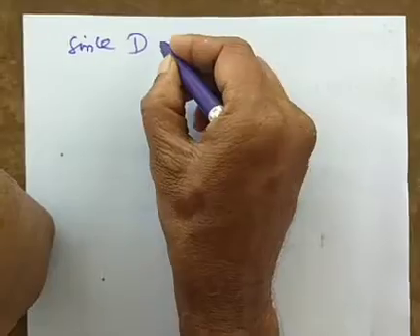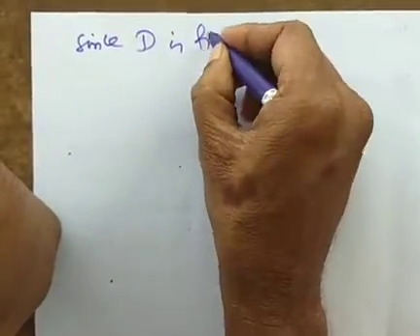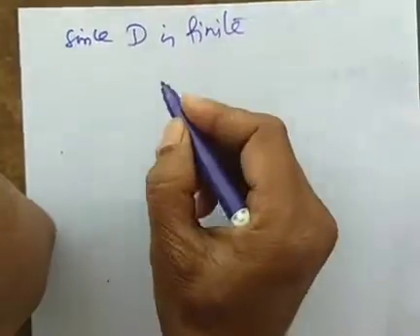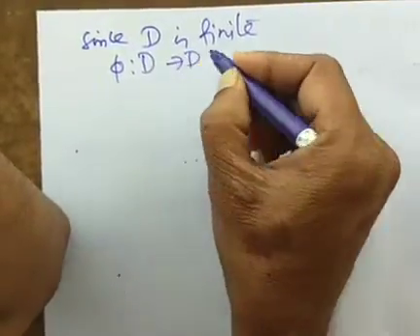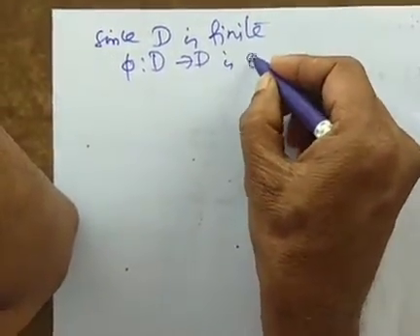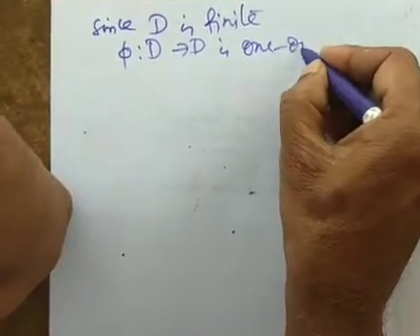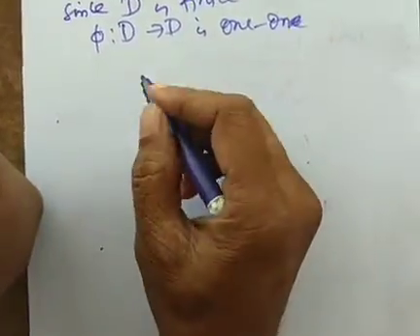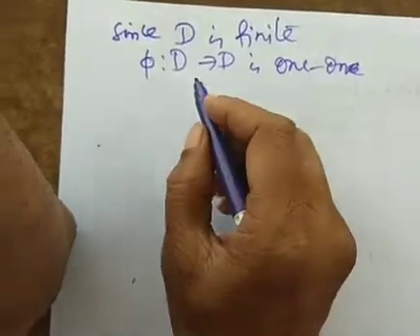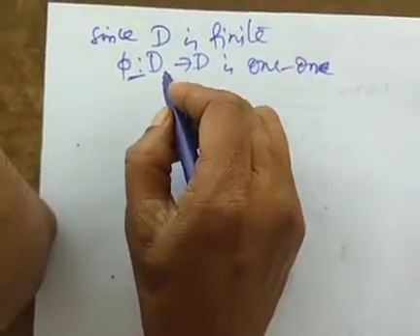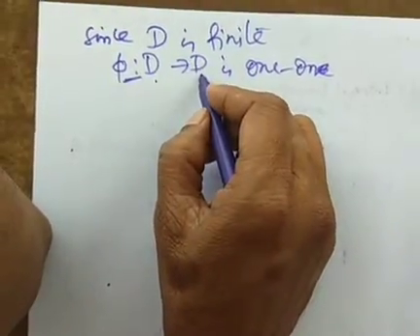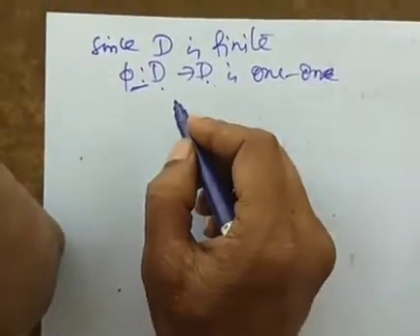Since D is finite and pi from D to D is one-to-one, we know that every one-to-one function from a finite set to another finite set must be onto.